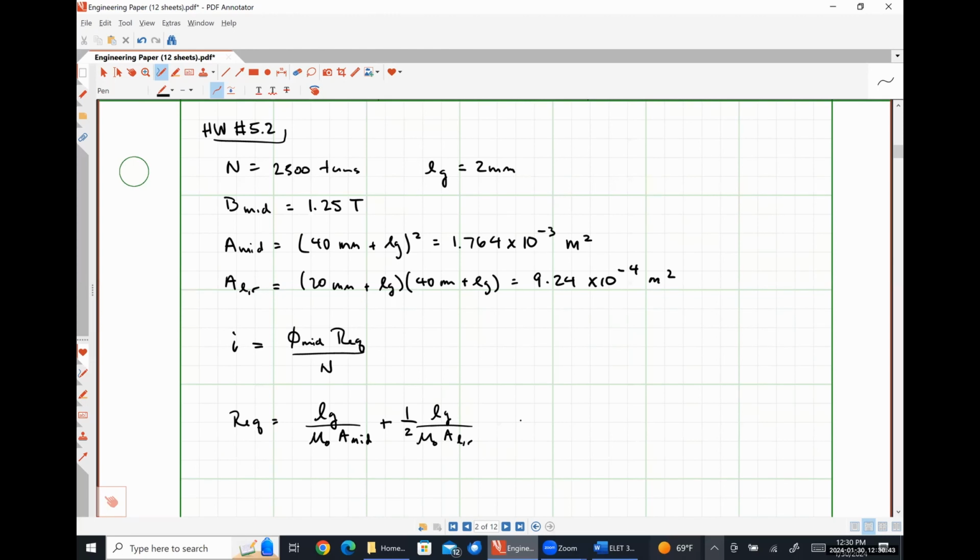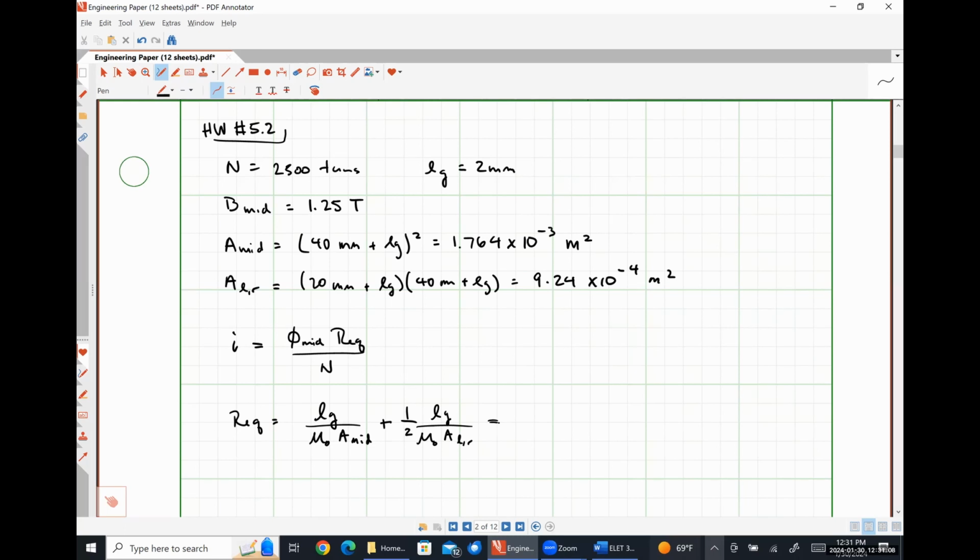I've got all the appropriate numbers written up here, so I'm just going to put this in my calculator. Let's see. So LG is 0.2 centimeters divided by 4 pi times 10 to the minus 9. So that'll be henries per centimeter.